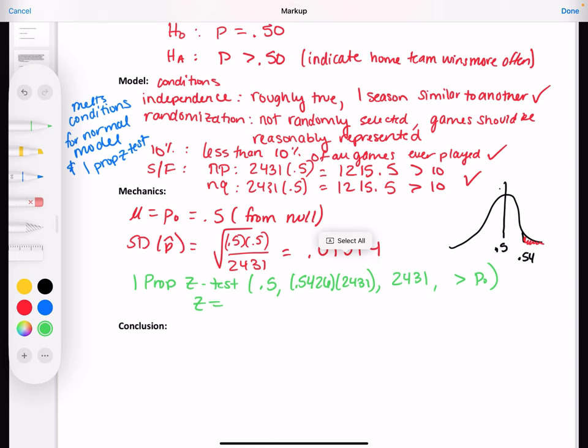So we're looking for this z value here. And then ultimately we're going to use this p value here. So Z was like 4.2, right?